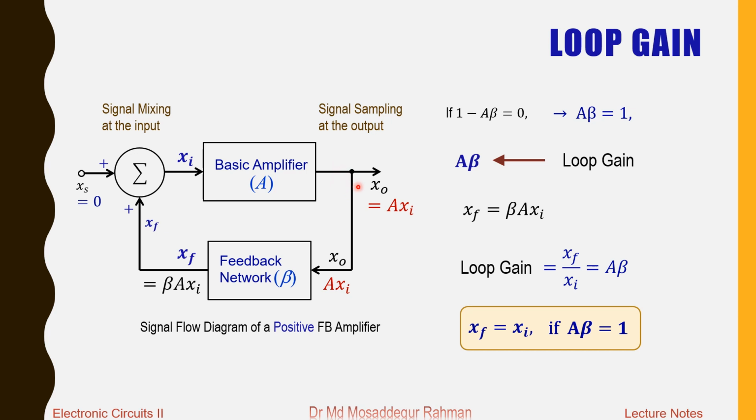And that is how we get a sustained oscillation. That is the basic principle of how oscillator circuits work. So you set the product A beta, the loop gain, to 1, and the signal keeps regenerating as it goes through the loop, and you get a sustained output. And that is the basic working principle of feedback or oscillator circuits.